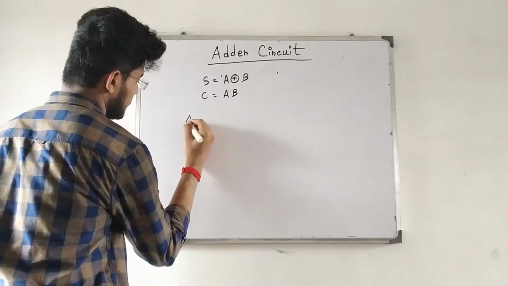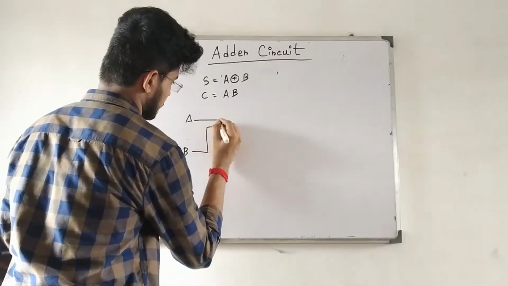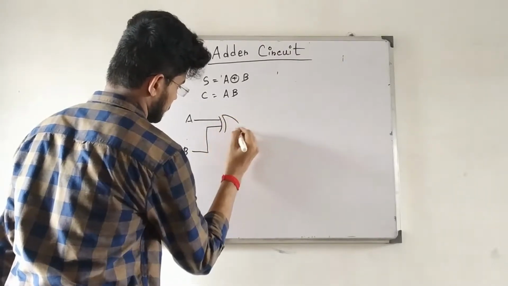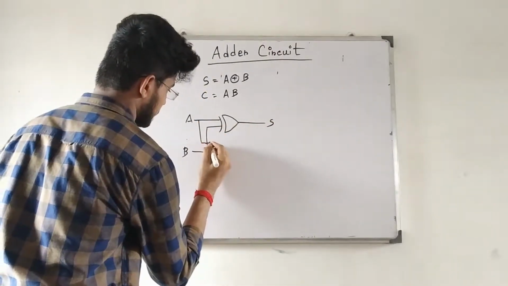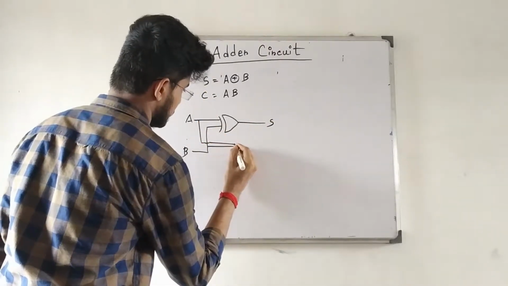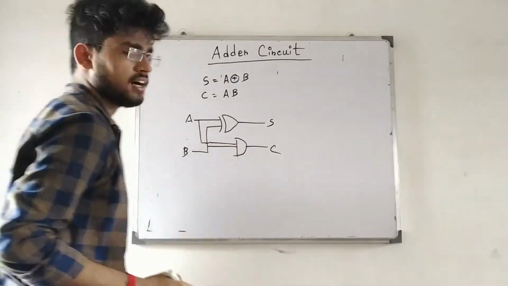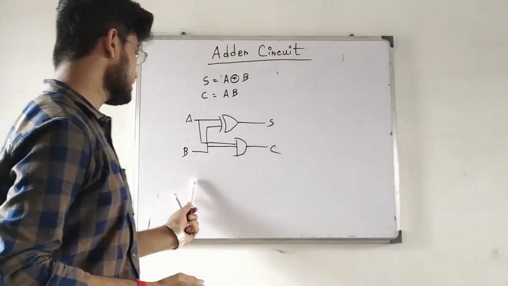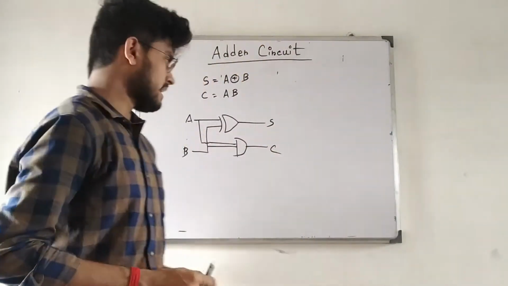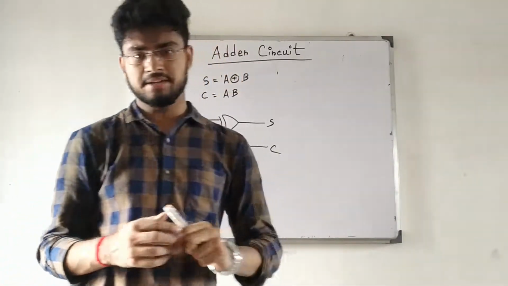So this is A and this is B. This is XOR, this is S, and this is AND, AB, this is C. So this is the half adder circuit, and if we take the inputs of 2-bit binary digits, then it will produce the adder output in two ways, that is sum and carry.